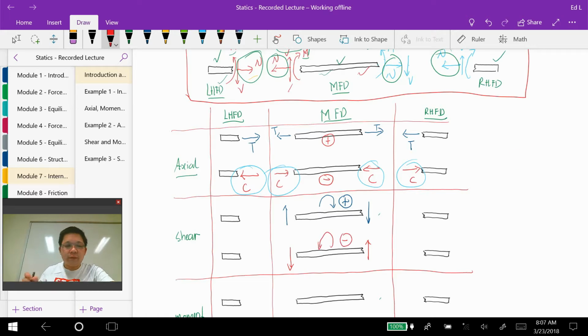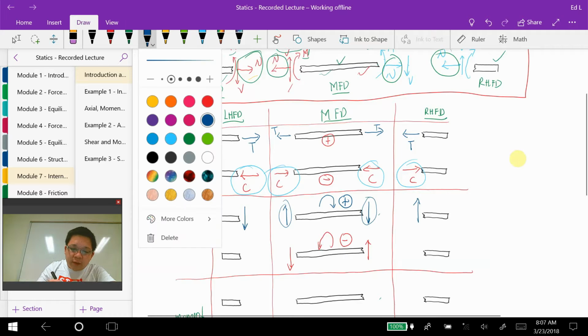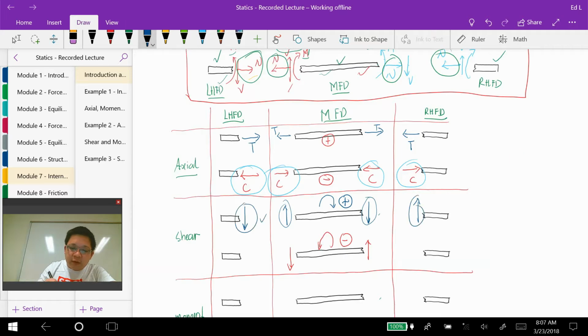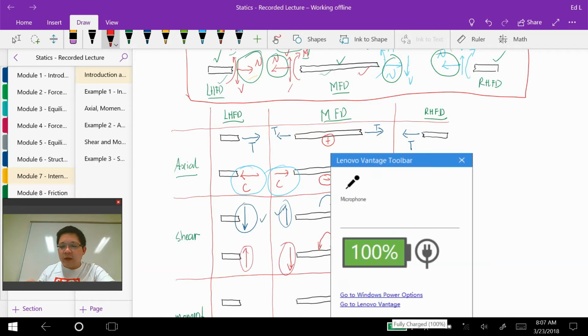Since in here the force is going up, then at the left hand free body diagram the force has to go down. And similarly, since this goes down, on the right hand free body diagram it has to go up, such that when I combine these forces together, they will cancel out each other. In a similar reasoning, for the negative sign convention, this force has to go up, such that when I combine this force and this force, they cancel out each other.